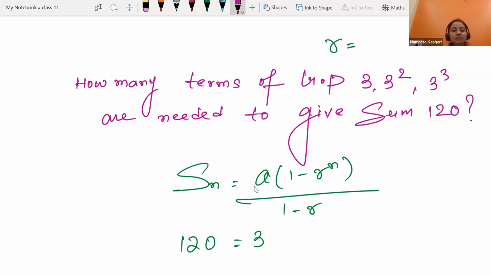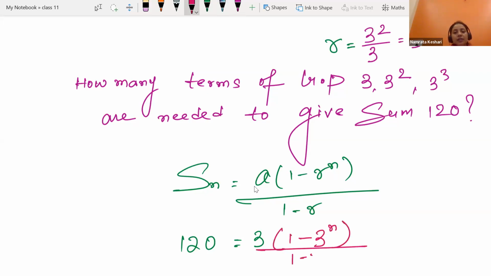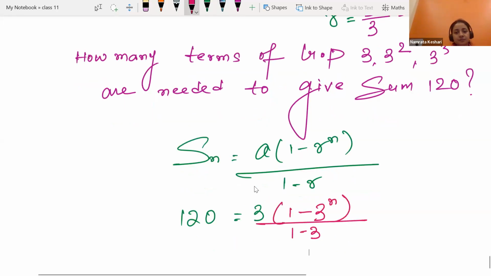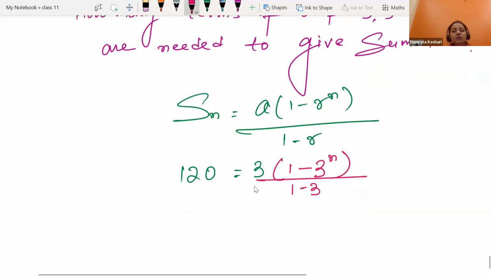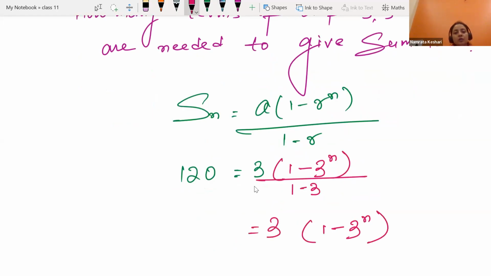What is r? r is 3. So let me substitute: 1 minus 3 to the power n by 1 minus 3, right? Yes. Okay, numerator 3 times 1 minus 3 to the power n, denominator 1 minus 3 is minus 2.